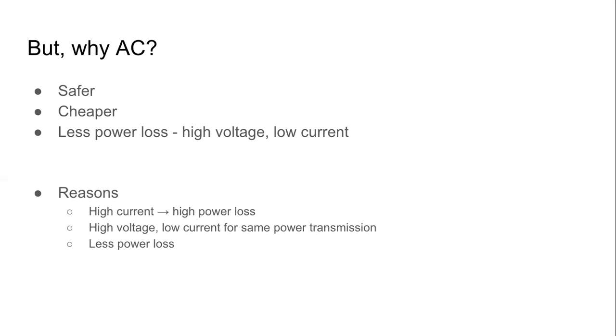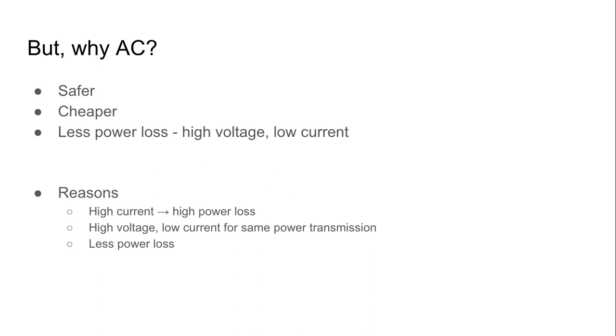One is AC is safer than DC. Safer in the sense, if we just happen to come into contact with a conductor having direct current, then the shock will be much bigger compared to AC for the same voltage.